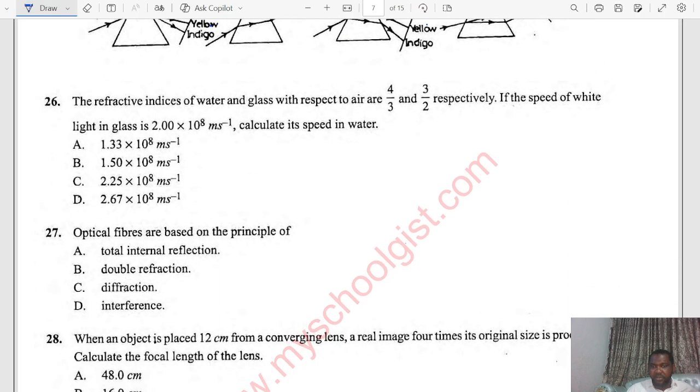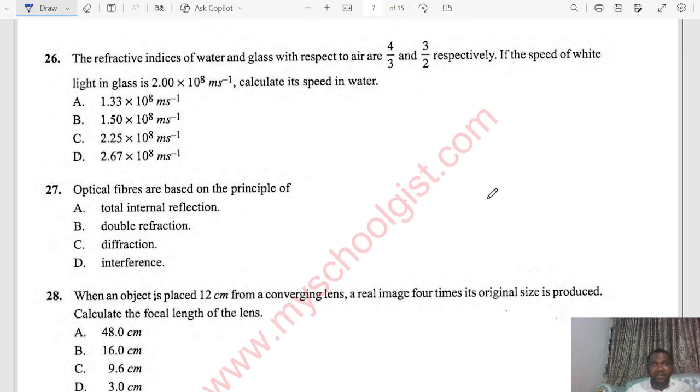Now the next question says, the refractive indices of water and glass with respect to air are 4/3 and 3/2 respectively. If the speed of white light in glass is this, calculate the speed in water.